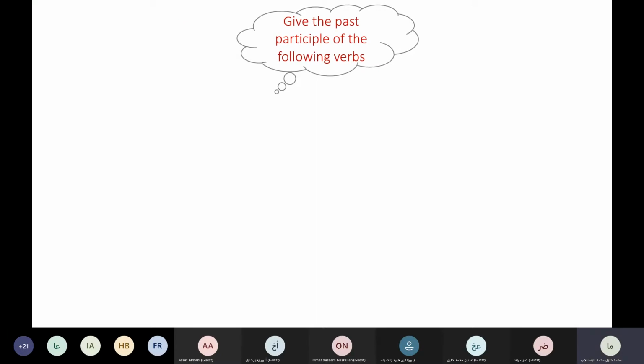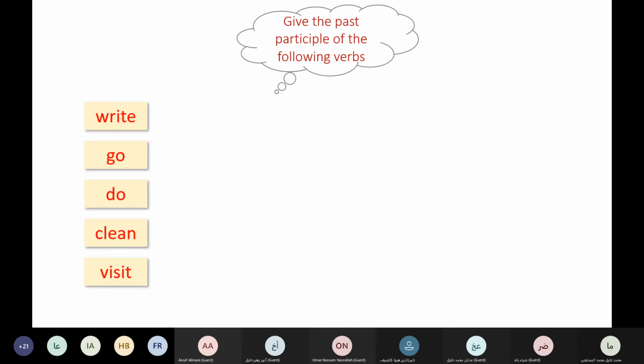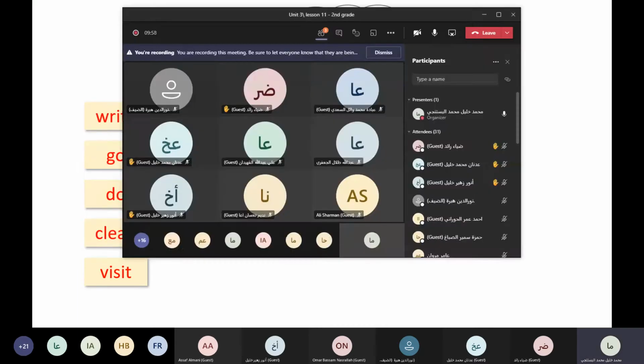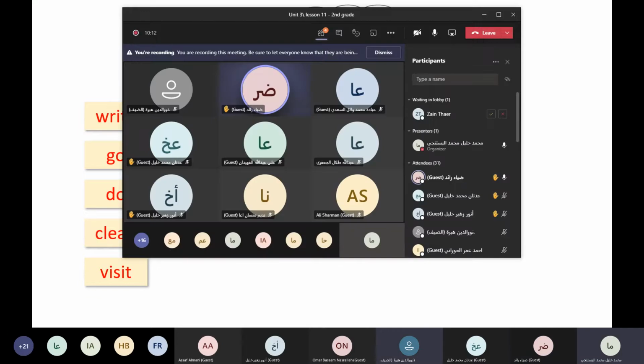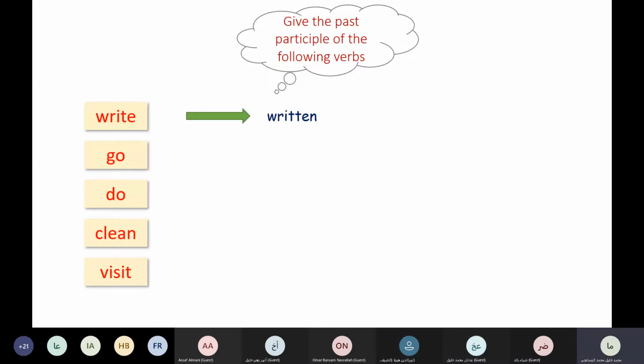Give the past participle of the following verbs. Write: written. Good. Adnan, go: gone. Good.